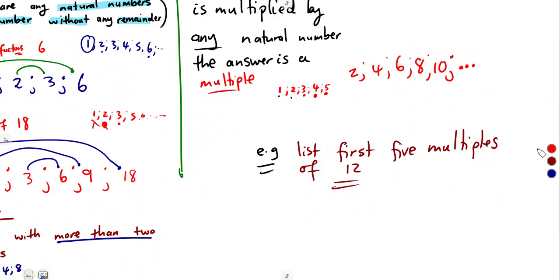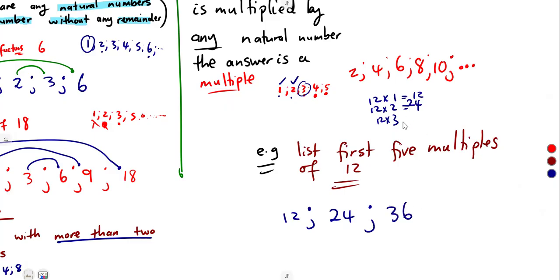So for the first 5, you just consider the first numbers 1, 2, 3, and so on. 12 times 1 is 12, that is a multiple. 12 times 2 is 24. 12 times 3 is 36. 12 times 4 is 48.